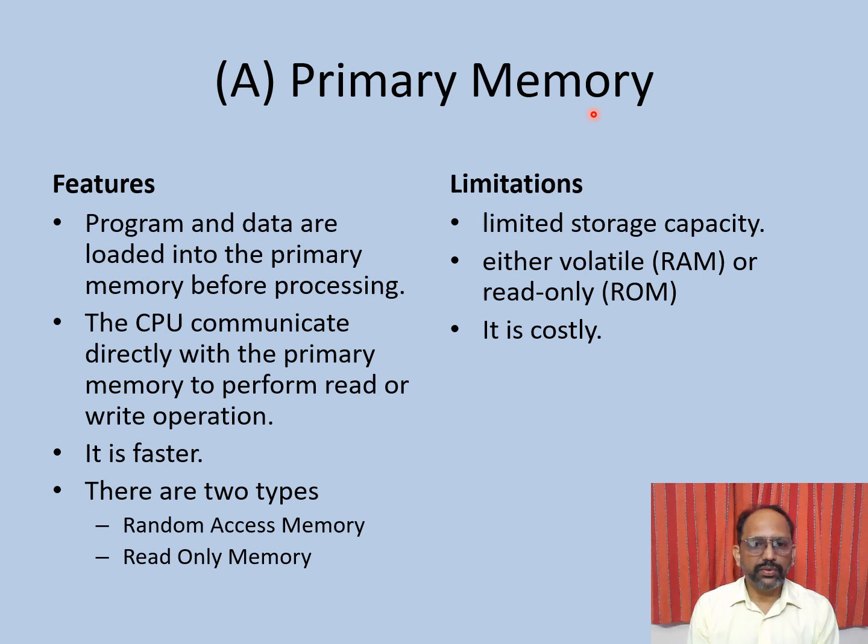The CPU communicates directly with the primary memory to perform read or write operations. The primary memory consists of two types, namely random access memory, in short called RAM, and read-only memory, in short called ROM.